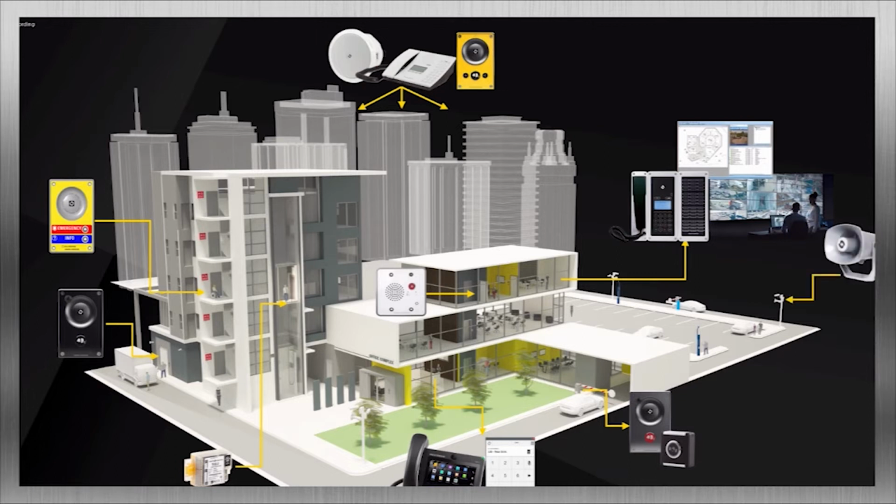We also have a strong range of products for public announcement and general alarm applications. Depending on the size of the building and perimeter, you can select from the range of IP speakers up to, let's say, installation of robust public announcement and voice alarm systems.